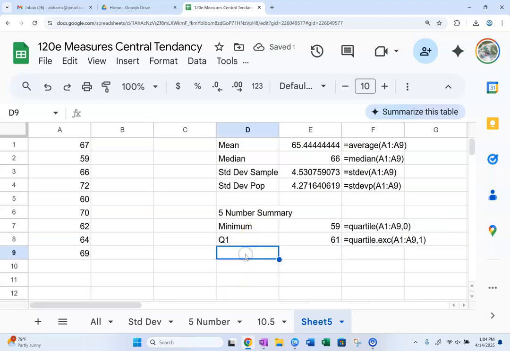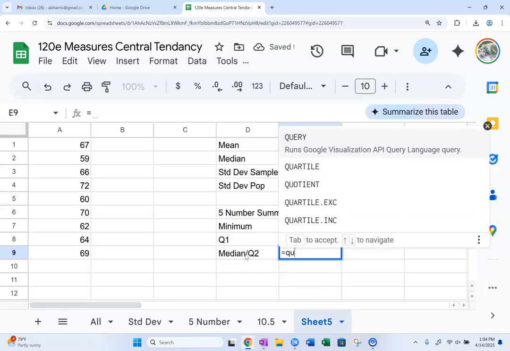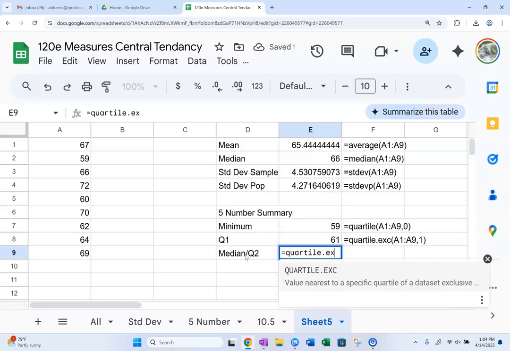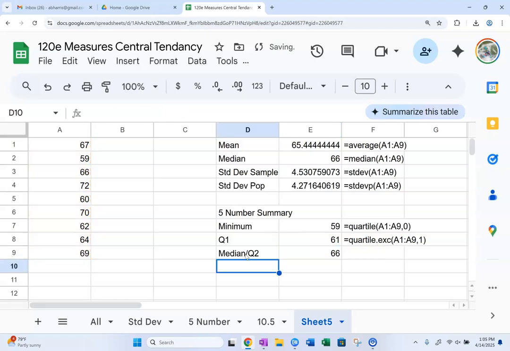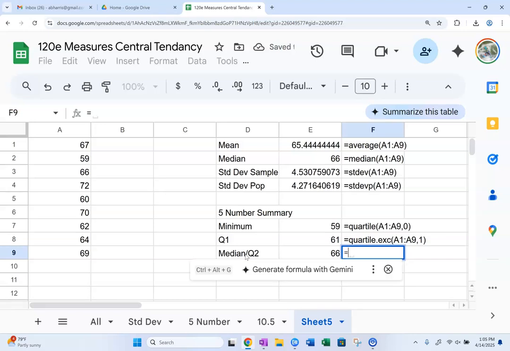There's our formula. Let's do our median, also known as quartile 2, equals QUARTILE.EXC A1 to A9, quartile 2. Enter.